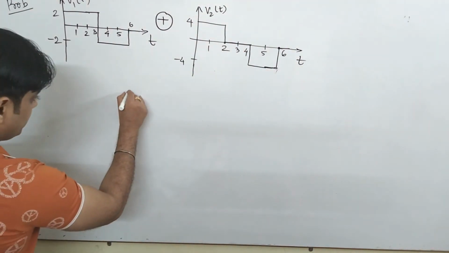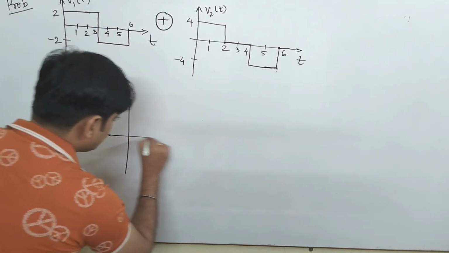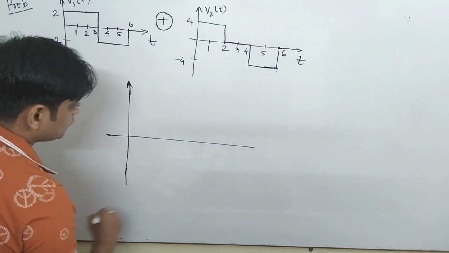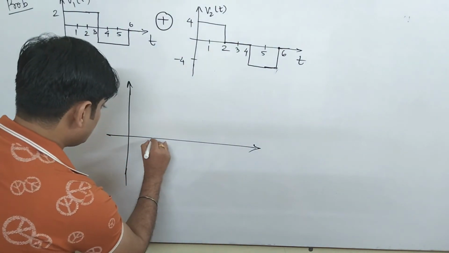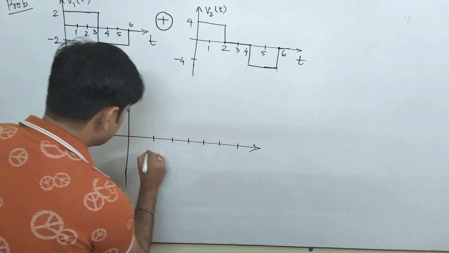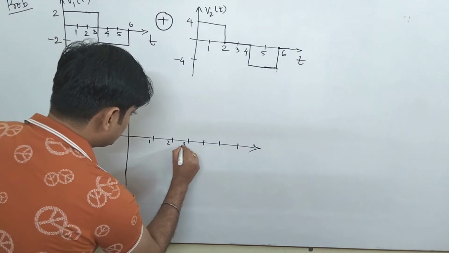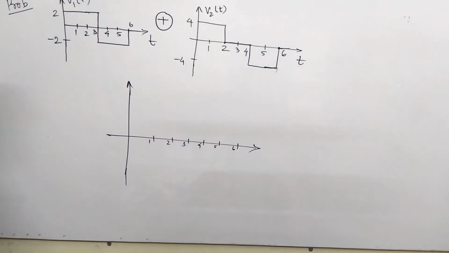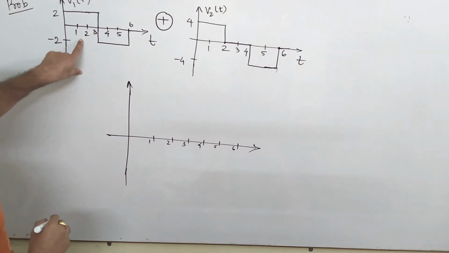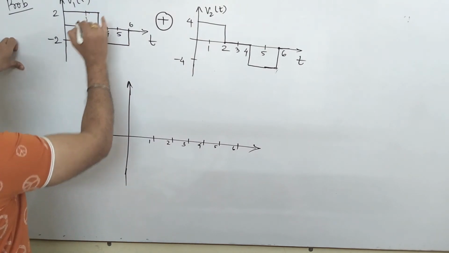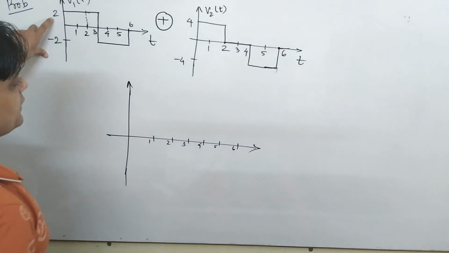For drawing the value of V0, I am redrawing this network in a bigger way. It is 1, 2, 3, 4, 5, 6. Okay. Now see, from 0 to 2, the magnitude is what? It is 2. Here also it is 4.